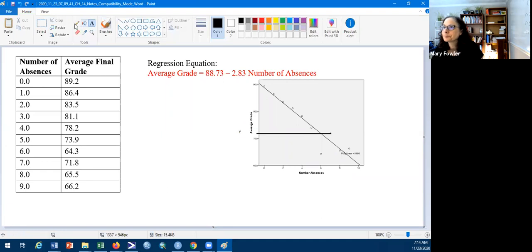Right there. Okay, so this is the value of y, 71.8. And now I want to find y hat.